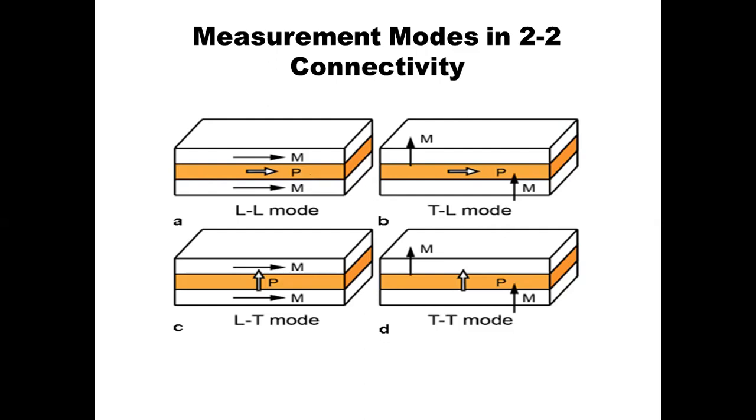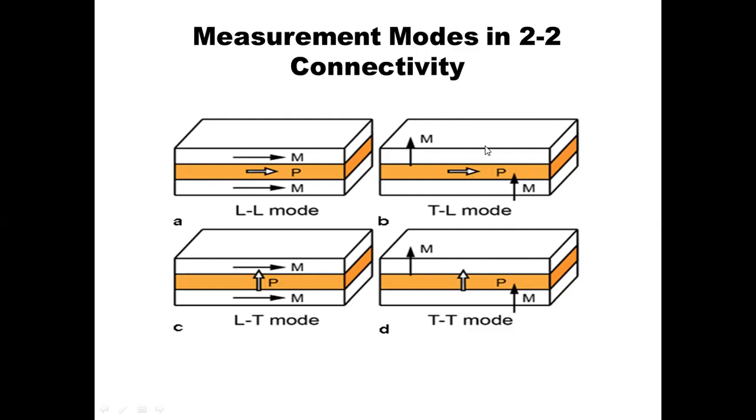That means the applied electric field is in the x direction, and hence only in that direction the polarization is produced in this ferroelectric material. That is why the polarization and magnetization are parallel to each other in this case, and this is called the LL mode of the layers.